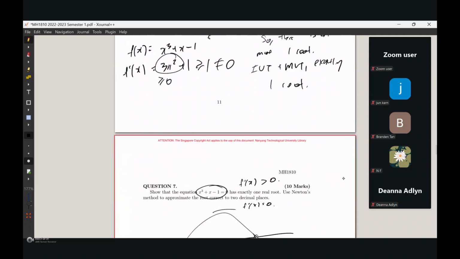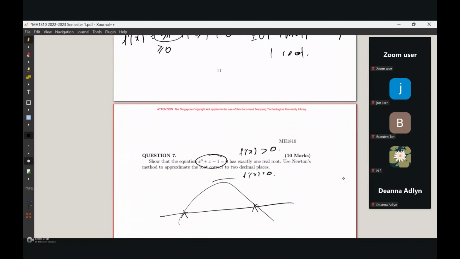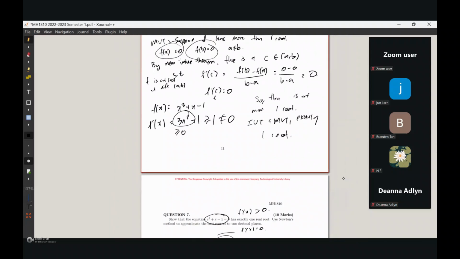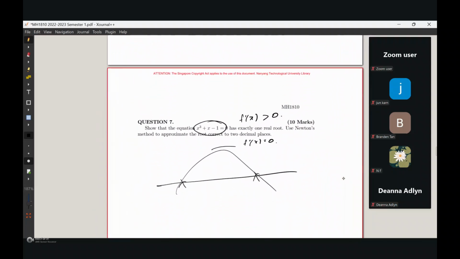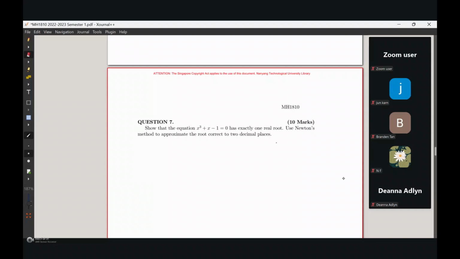Okay, so let's move on to the second part. Second part, just using Newton's method. This one, not much to it. So here, did they say any x0? Never. They didn't give me any x0, so I will just use x0 equals 1, because we have f(1) equals 1, f(0) is minus 1.